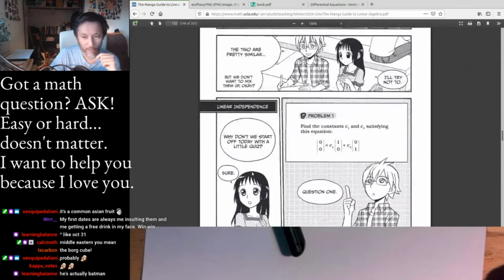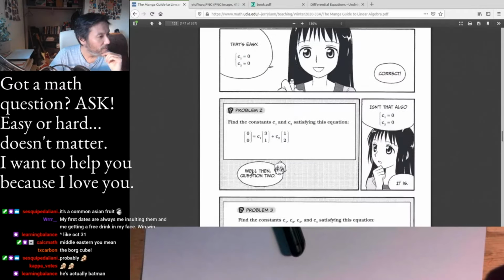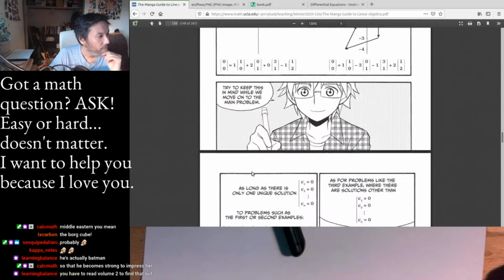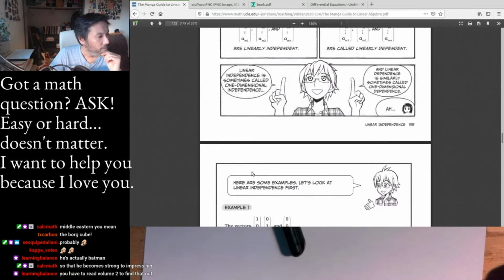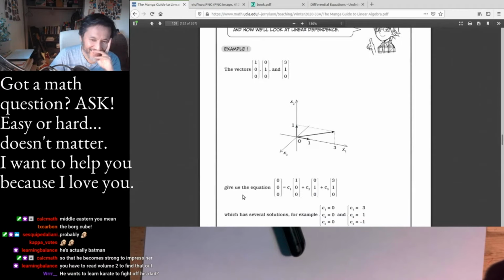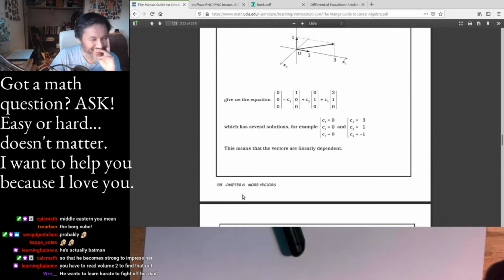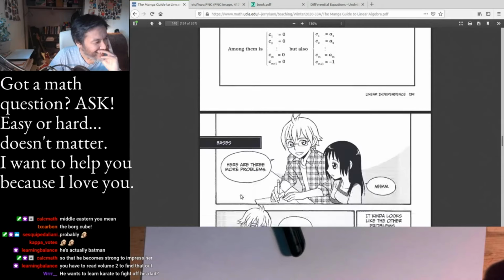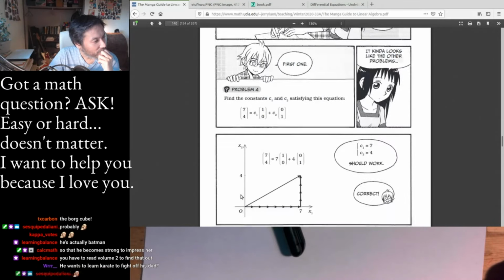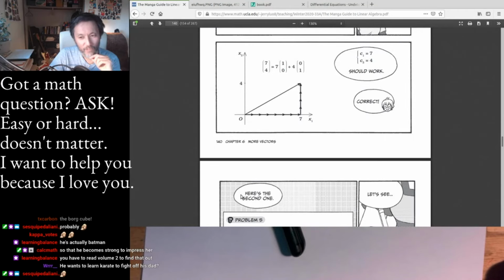Linear independence and bases. Oh my god, linear algebra. Yes. This would also explain why he didn't want to go home after the tutoring session.